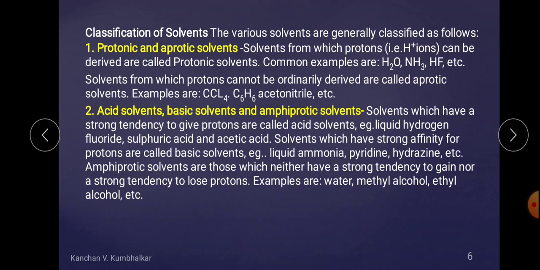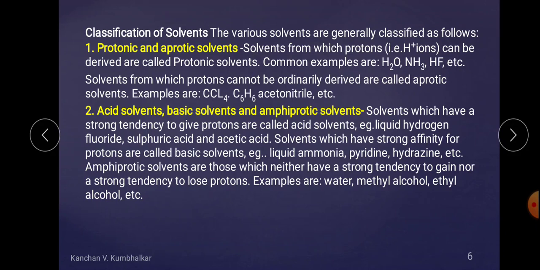The last one is the amphiprotic solvents. Amphiprotic solvents have both characters, acidic as well as basic. They can be defined as those which have neither a strong tendency to gain nor a strong tendency to lose protons. For example, water, methyl alcohol, ethyl alcohol, etc. We know that water is amphiprotic in nature.